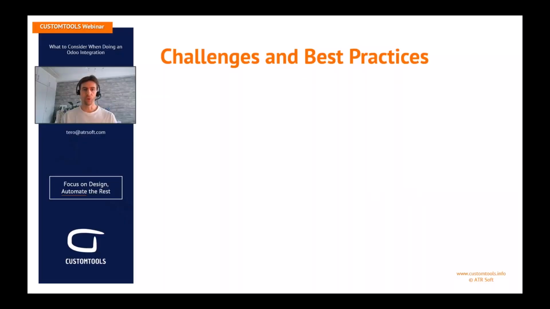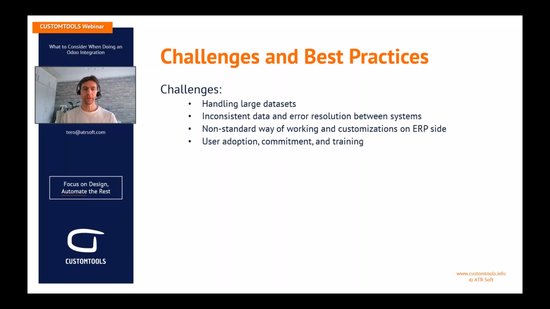So let's move on and consider challenges and best practices regarding integration. When integrating systems like CAD, for instance SOLIDWORKS, and ERP, in this case Odoo, organizations may encounter several challenges. Identifying these upfront ensures smoother execution and long-term success.